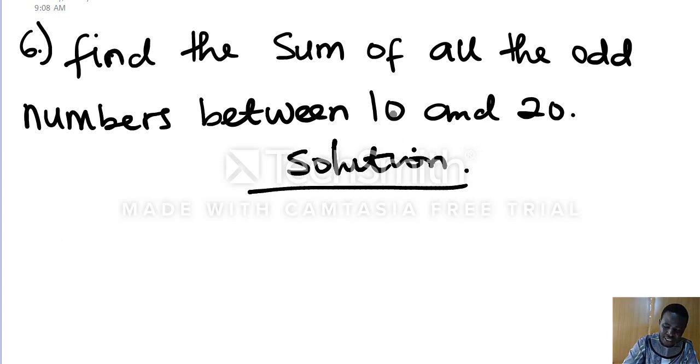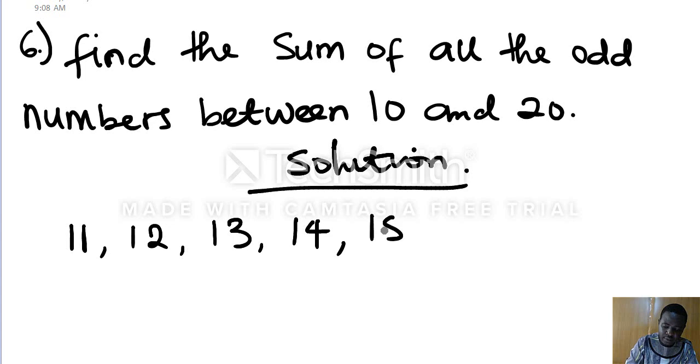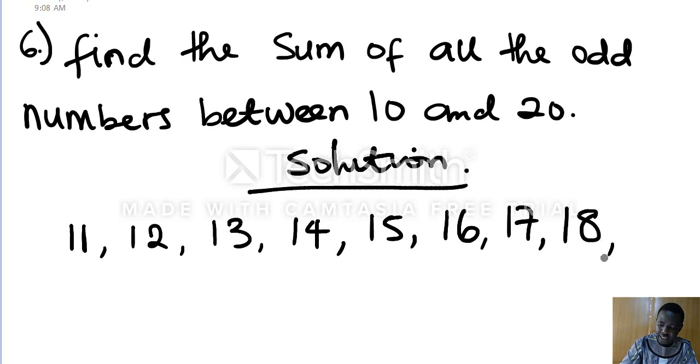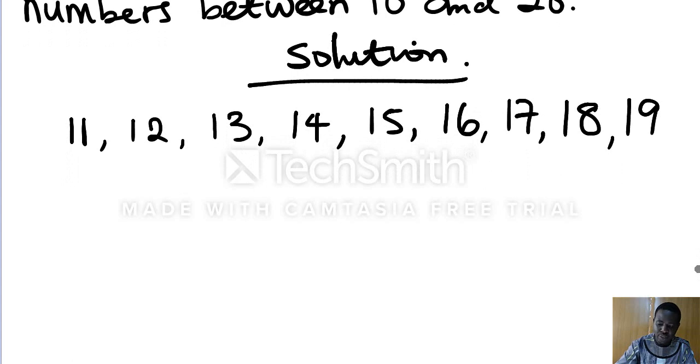Between 10 and 20, meaning excluding 10 and 20, the numbers include 11, 12, 13, 14, 15, 16, 17, 18, and 19. These are the numbers between 10 and 20.